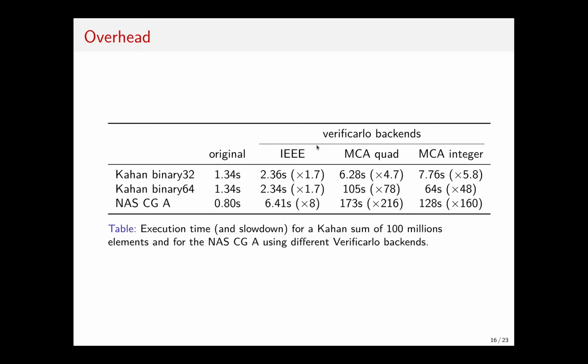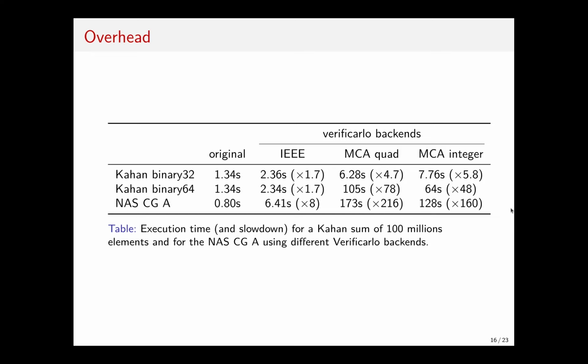Okay, as I told you, it's quite costly when you use Monte Carlo arithmetic. The slowdown really depends on the benchmark. If we look, for example, at a small instance of the conjugate gradient in the NAS benchmarks, we have different implementations for the Monte Carlo arithmetic backend, but the best one we have has this 160 times slowdown.